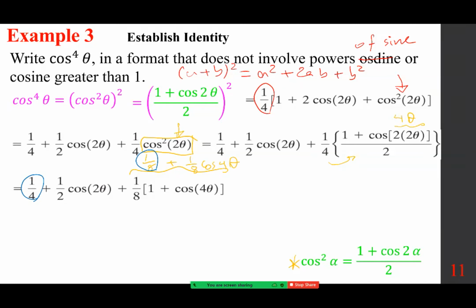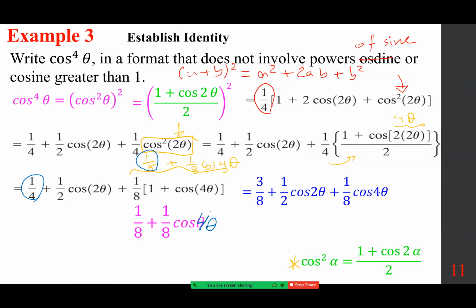Okay, so I can write this at the bottom so you can see 1/8 plus 1/8 cosine 4 theta. So 1/4 and 1/8 add up to 3/8. And everything else remains unchanged.